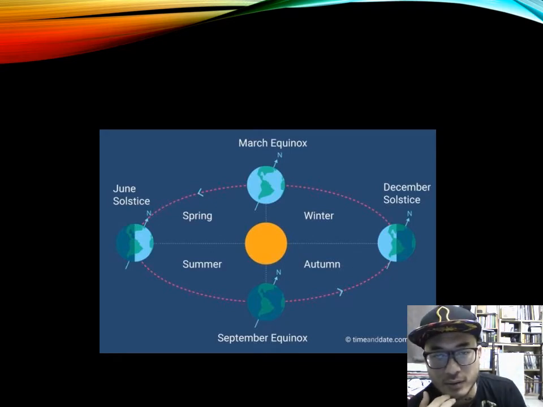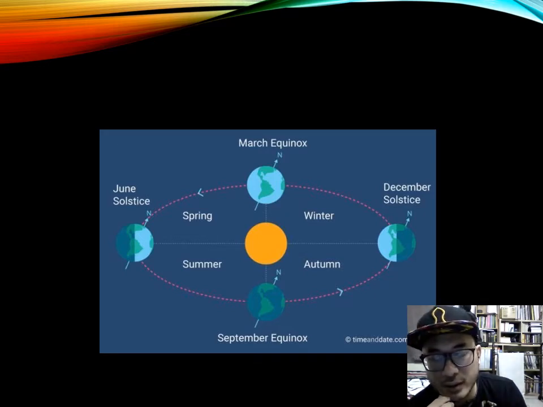Let's move on. From the September equinox to the December solstice, the northern hemisphere will experience autumn. And the next one, from the December solstice until the March equinox, the northern hemisphere will experience winter.